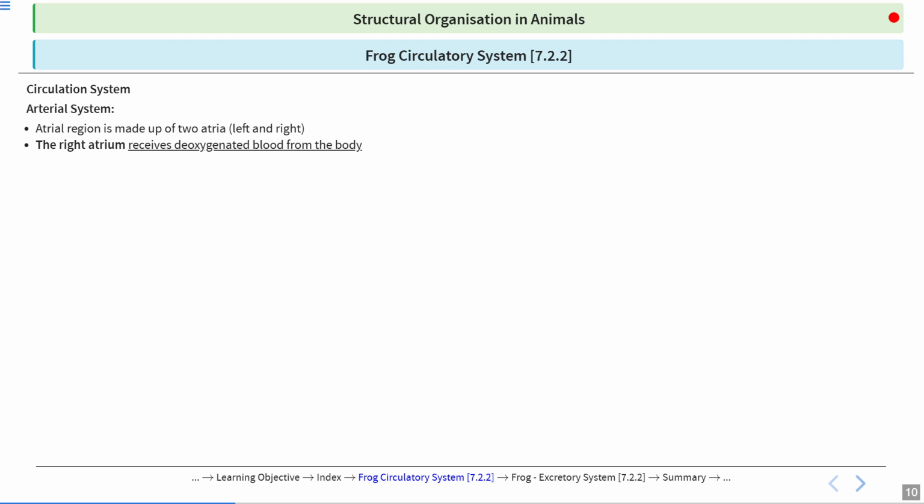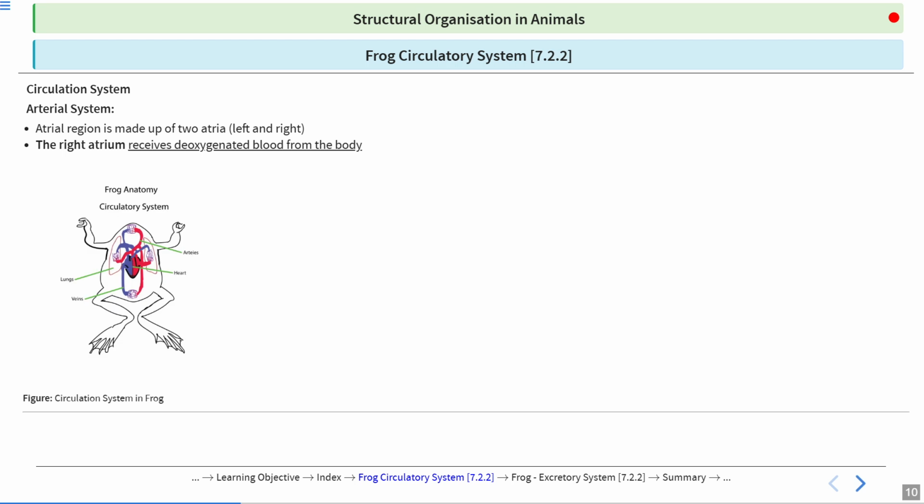When you see the diagram of the heart, the right part of the heart is towards the left of our body, and the left will be towards the right of our body, right? The right atrium receives deoxygenated blood from the body through the superior vena cava and inferior vena cava.